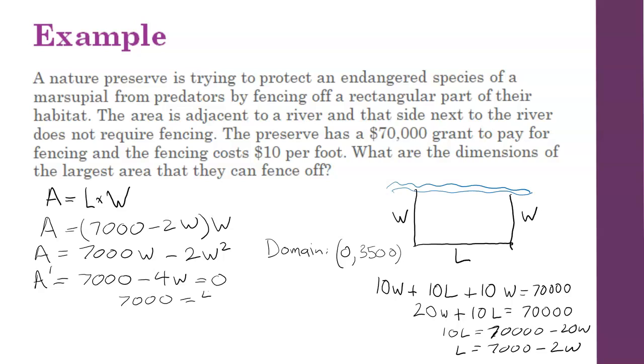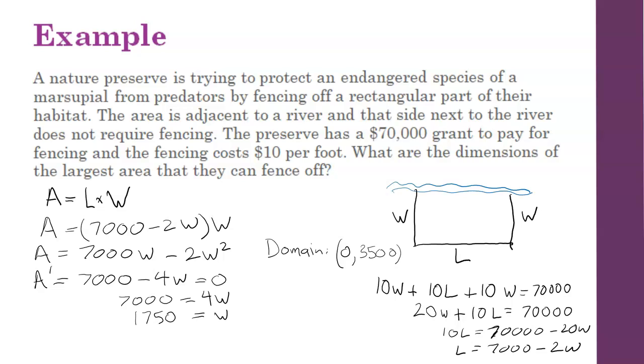Solve this for w. 7,000 equals 4w, divide by 4, and so we're going to divide 7,000 by 4, and 7,000 divided by 4 is 1,750. And it does fit within our domain, so it's an acceptable solution.